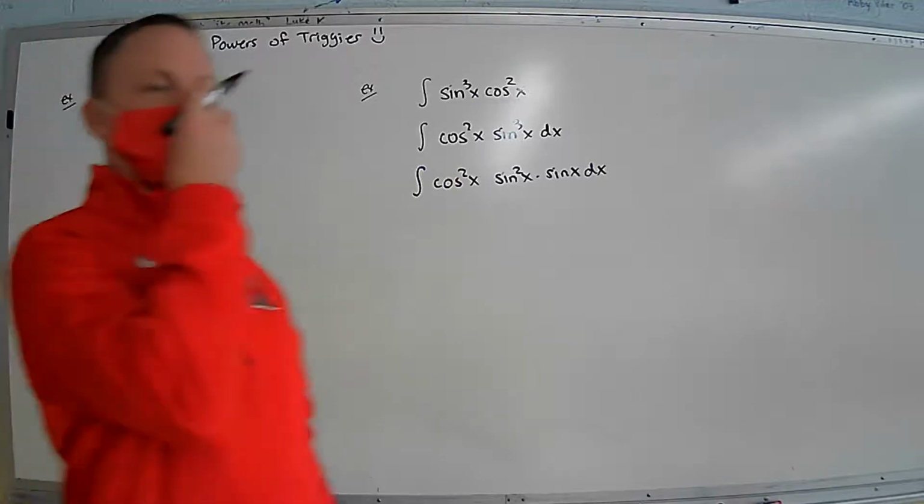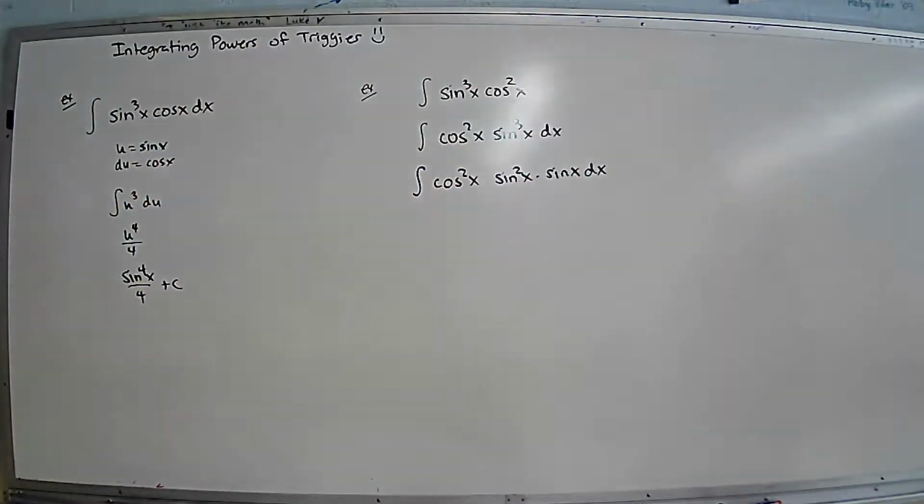This will give you a hint: the goal here is to still do this with a u-sub. That sine of x hanging out on the end is serving the same purpose as the cosine did in the first example. But I got to do one change. You're going to change that sine squared into 1 minus cosine squared.